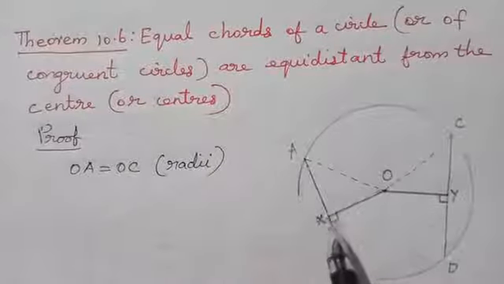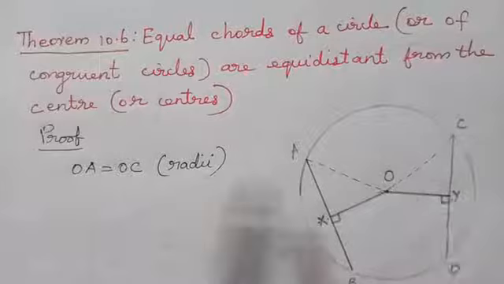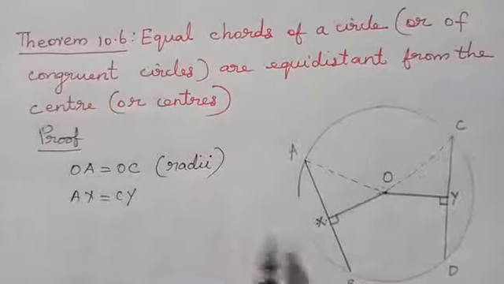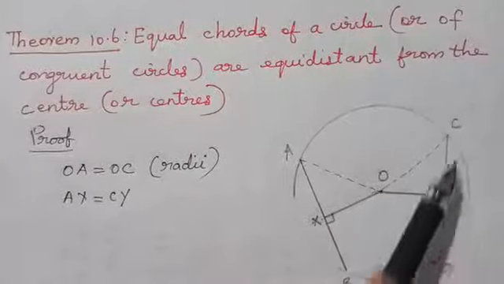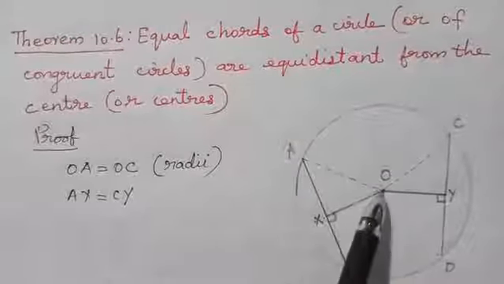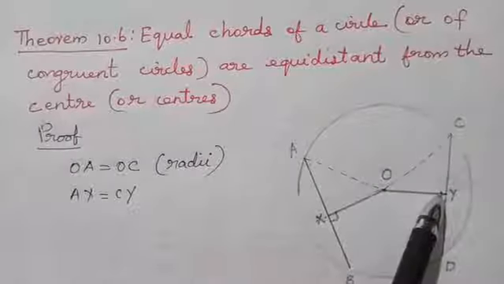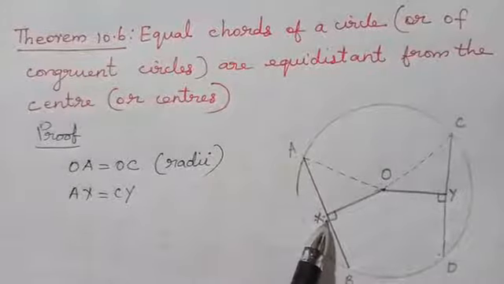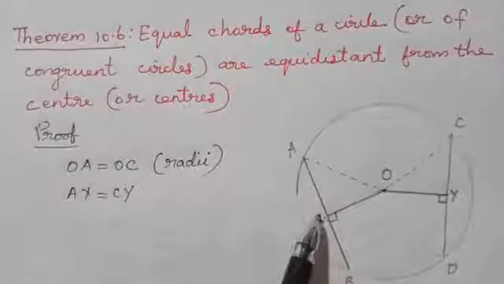Then AX equals CY. AX equals CY because it is given that AB and CD are equal, and this is the perpendicular from the center. A perpendicular from the center to a chord bisects the chord.